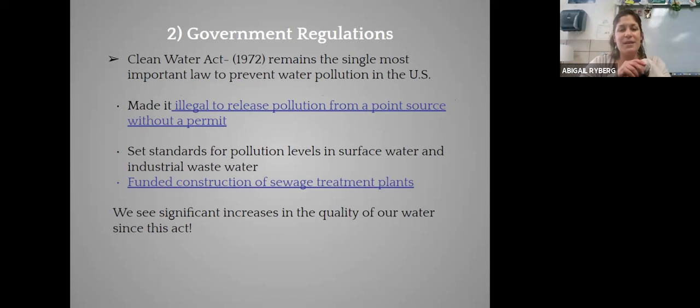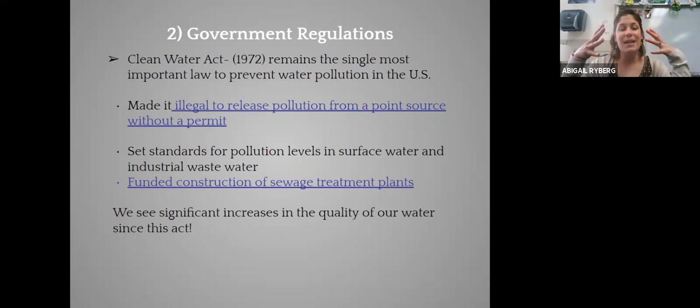Another thing that happens is there's lots of government regulations when it comes to water in general. The Clean Water Act was put in place in the early 70s, in 1972, and it is still in place, and it is the single most important law to prevent water pollution.